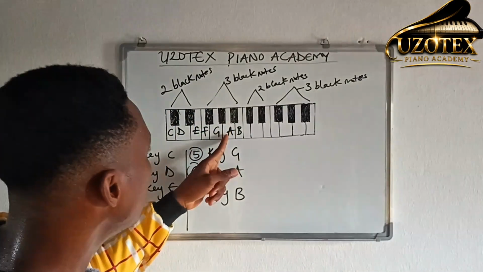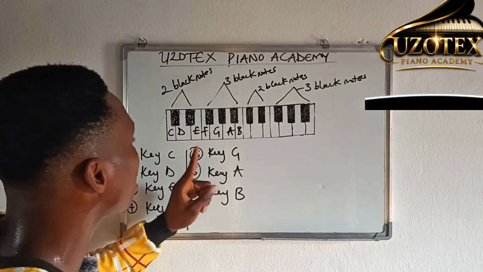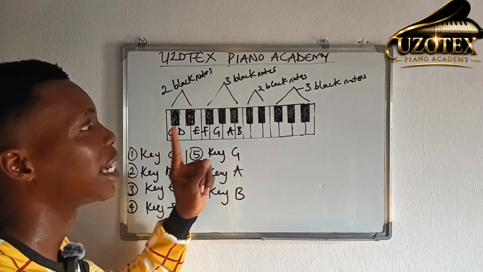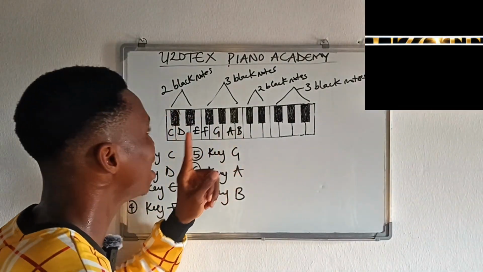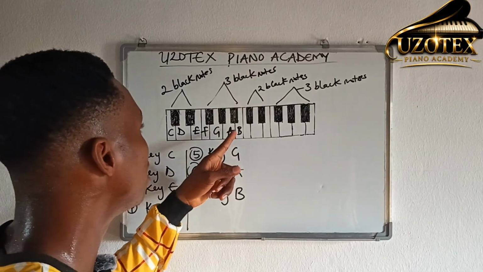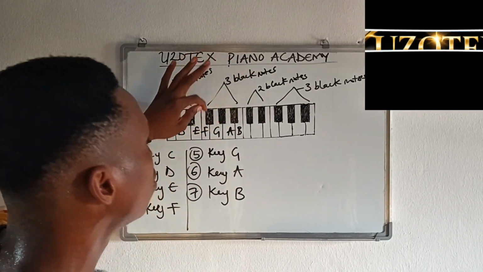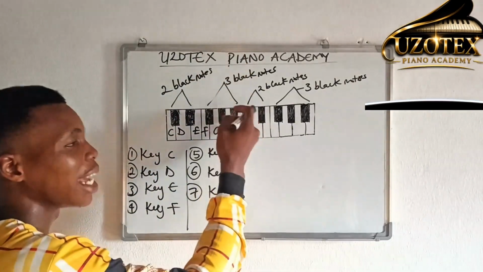Key A is the white note immediately after the second note of the three black notes. Key B is the white note you find immediately after the third black note.